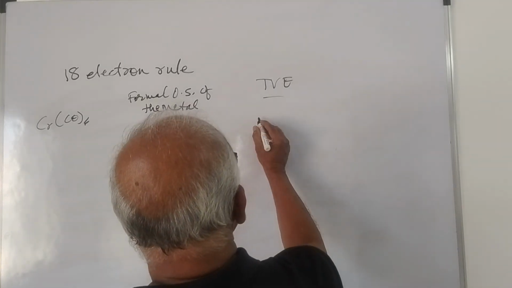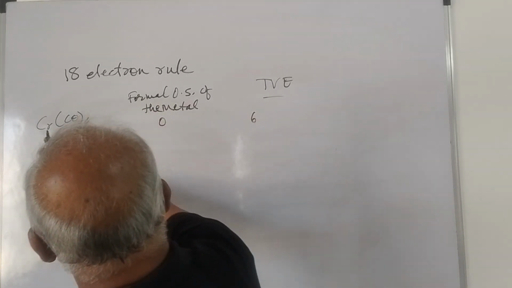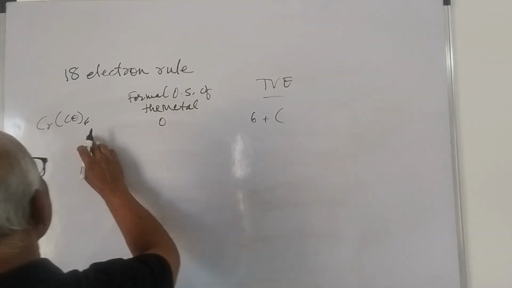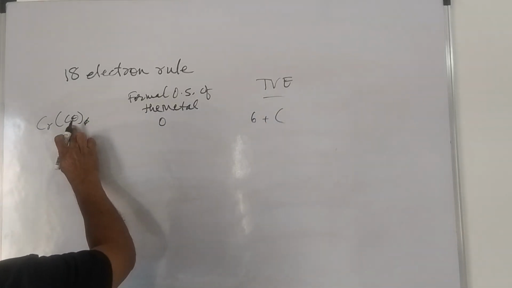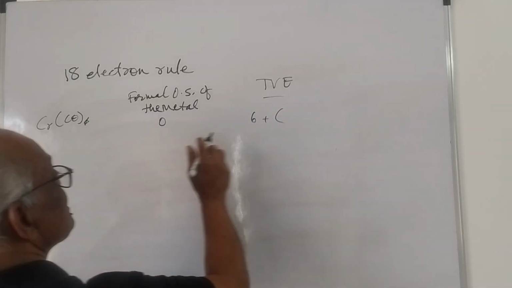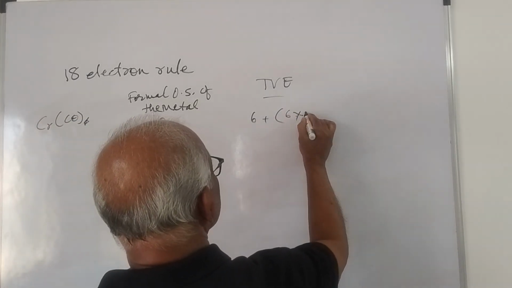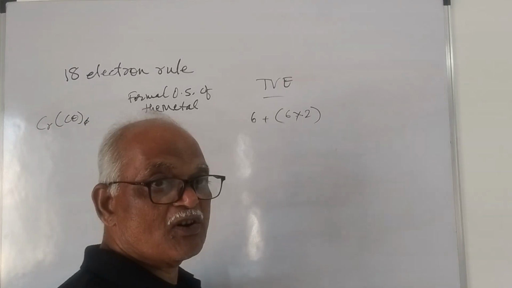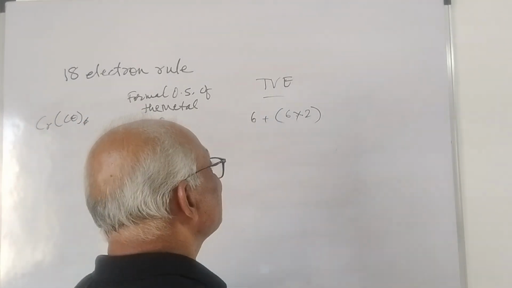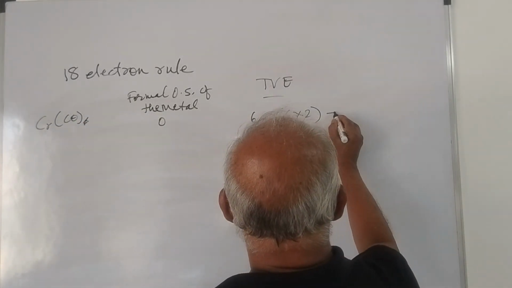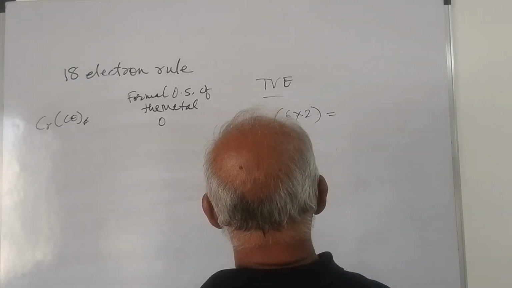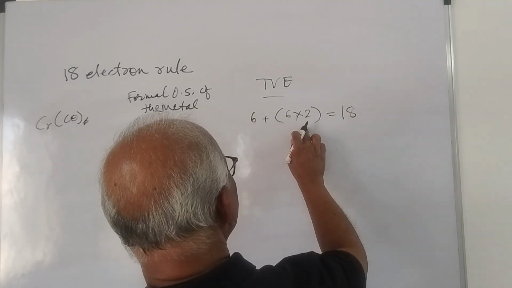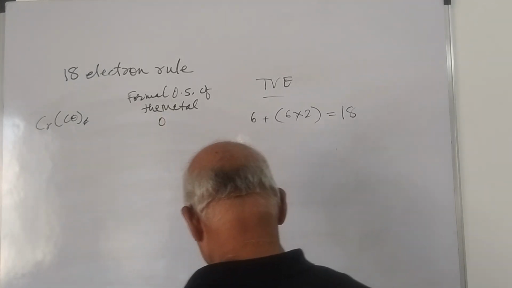So it makes 6 electrons of chromium, plus there are 6 carbon monoxides. Each carbon monoxide donates 2 electrons, so 6 into 2 is 12, plus 6 is 18.